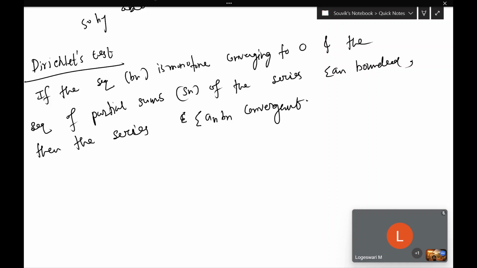Okay. So this is the statement of Dirichlet's test: for the sequence Bn converging to 0 and the sequence of partial sums Sn of the series summation an bounded, the series summation an Bn is convergent, right?